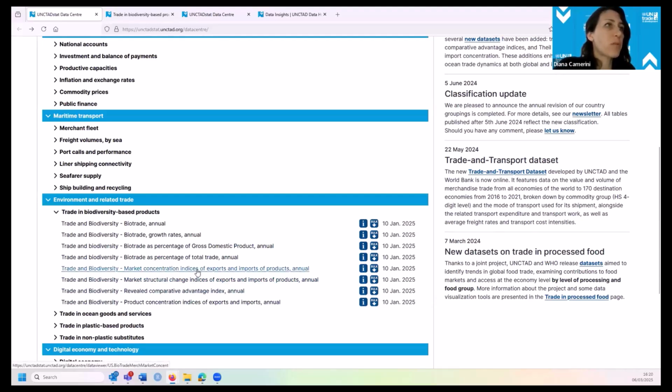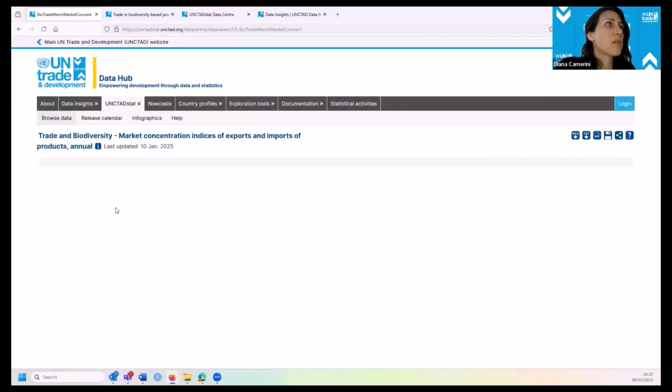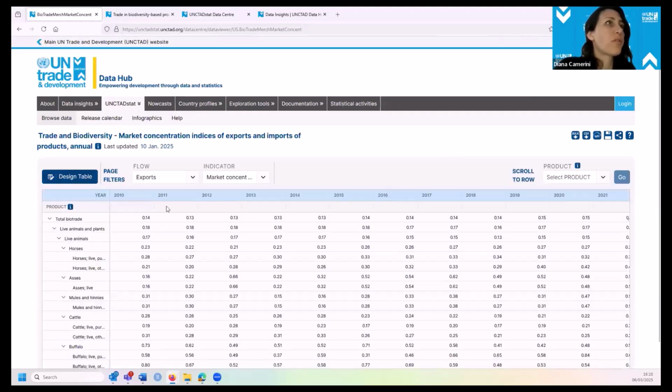The first type of indicator you see is market concentration indices. And in this case, you will not find the economy available as a variable, because it just shows globally how much the biotrade of a specific product per each year is concentrated.